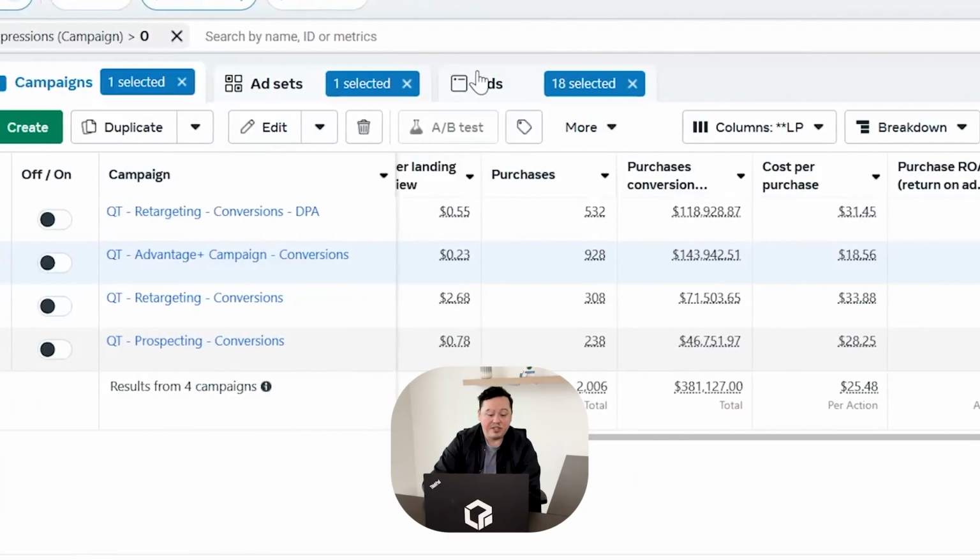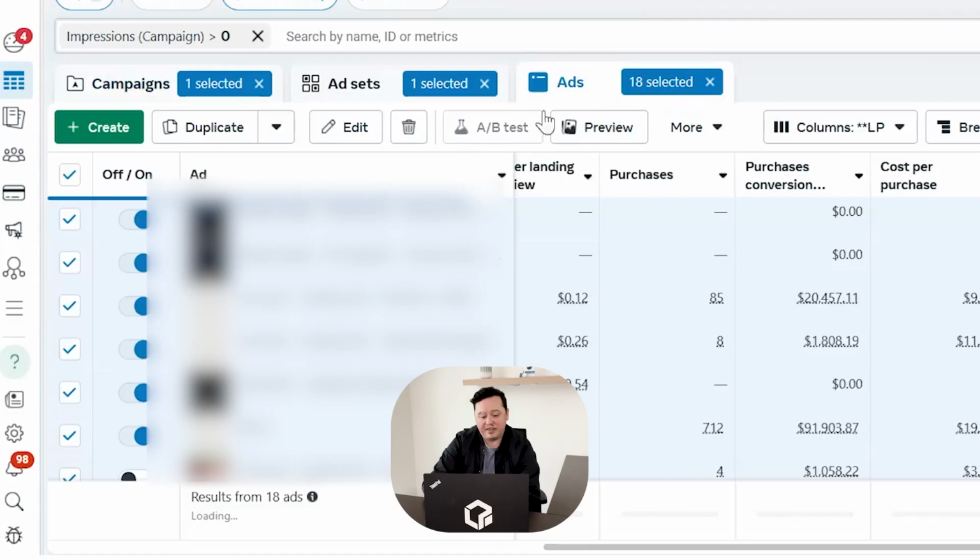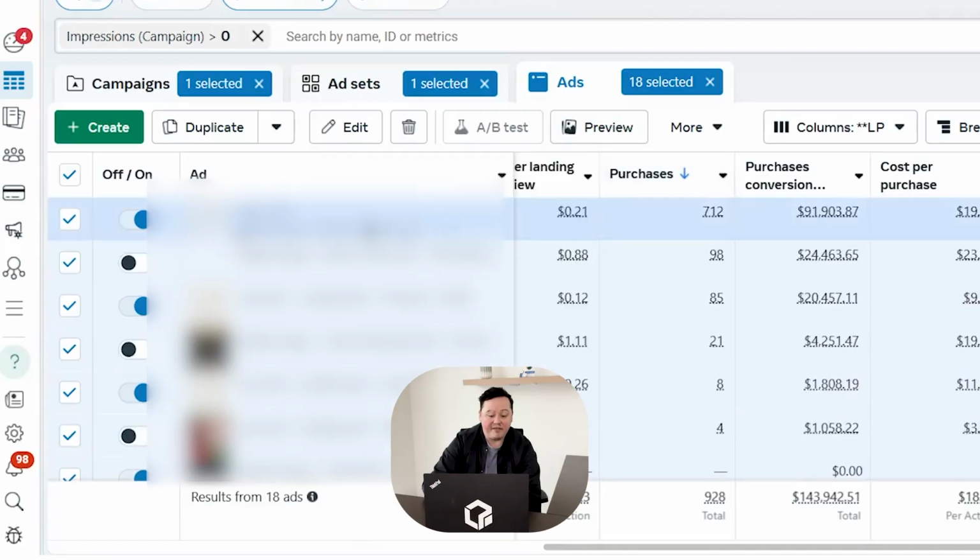But as we go into this campaign, you can see that the majority of the spend and the majority of the purchases are happening off of a DPA ad, despite having some other campaign types in here. This is something that very regularly happens in Meta: if you provide DPA ads and creative assets within one ad set or one audience, the DPAs are almost always going to get the bulk of the spend.